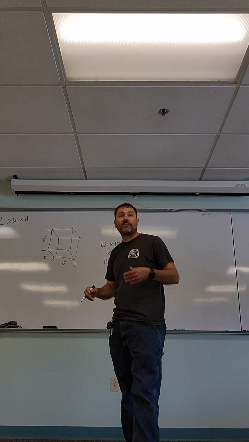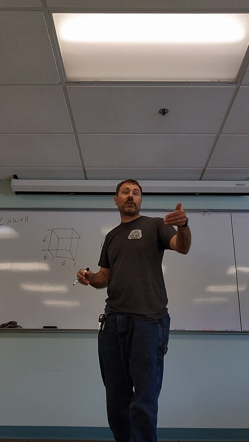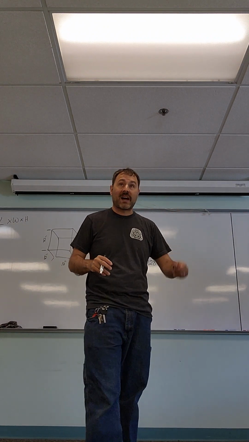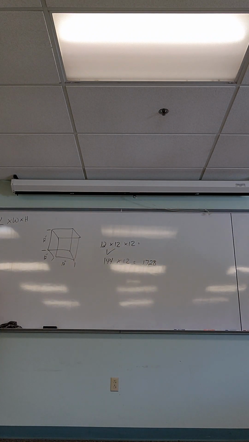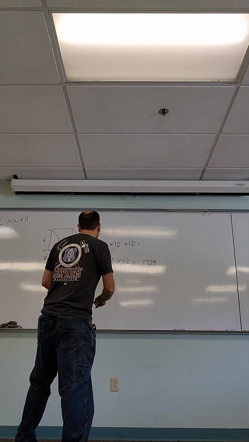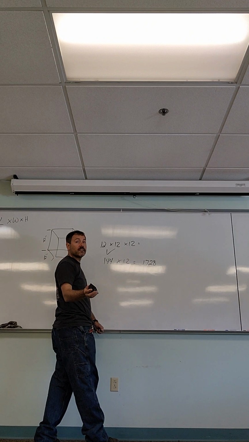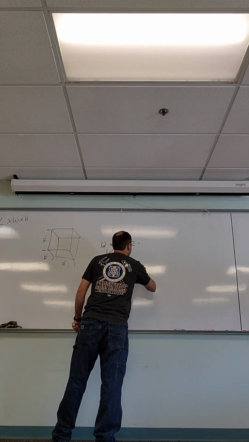When you are converting from inches back over to cubic feet, you're going to have to take the number that you find and divide it by 1728, because there are 1,728 cubic inches in 1 cubic foot. So 1728 is our magic number. Everybody good? I can erase this? Okay.